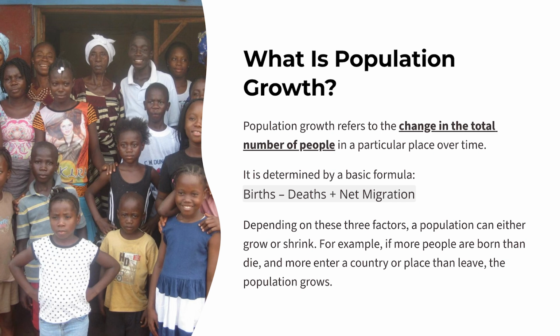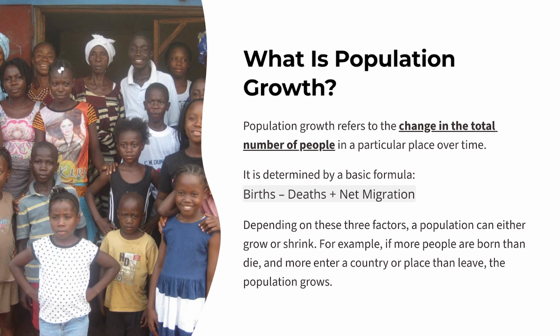We can think of it using a simple formula: births minus deaths plus net migration. That means population growth depends on three things: the number of people born, the number who die, and the number who move in or out. Let's take a quick example.